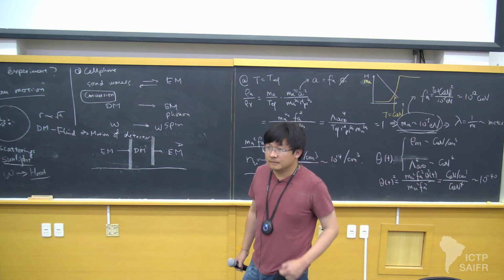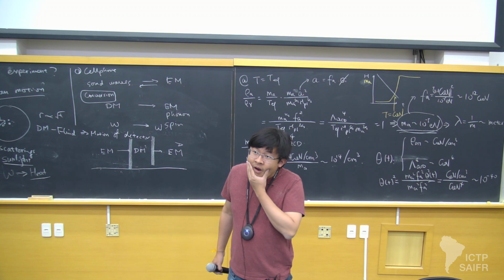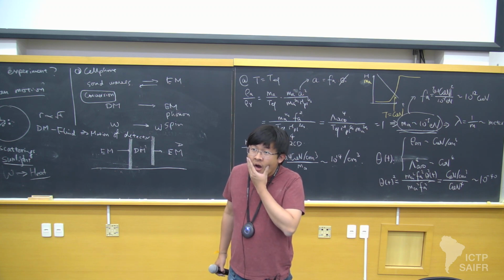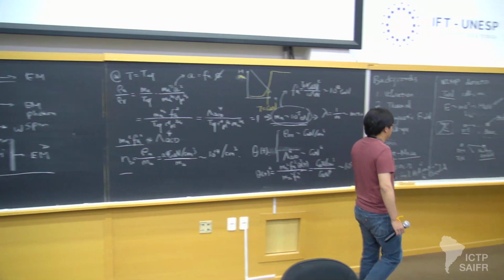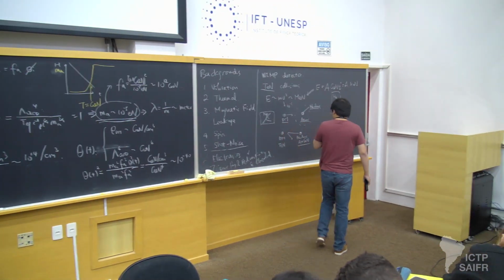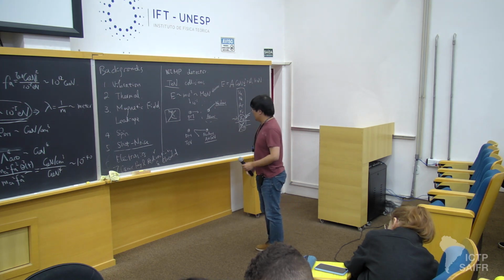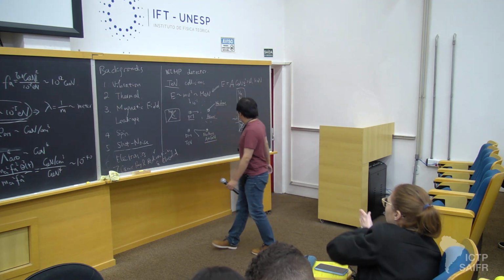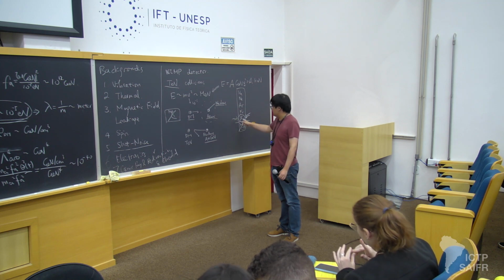So in the case of the collision, which kind of detector will you use to detect the nucleus recoiling after the collision? Yeah, that's a good question. Actually, there are many ways we can see the signal. The collision basically means my dark matter comes in and knocks the nucleus.